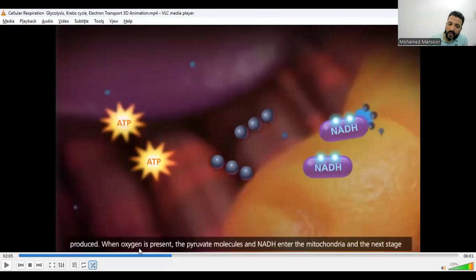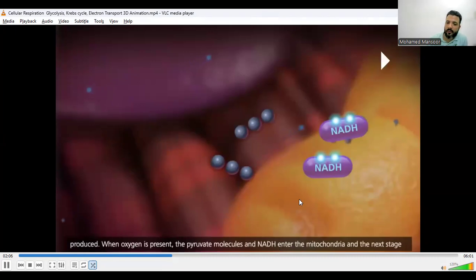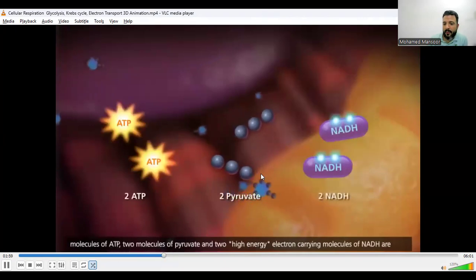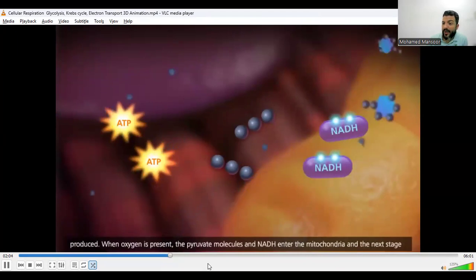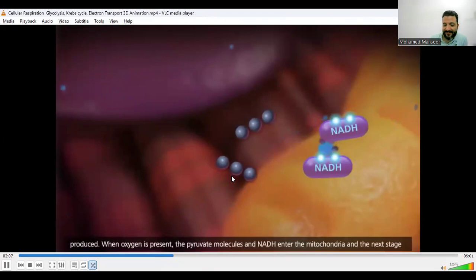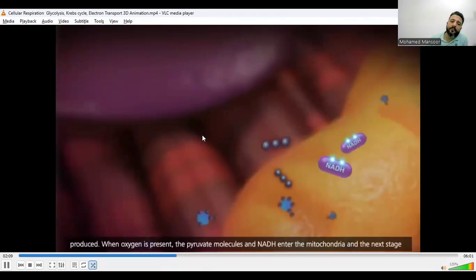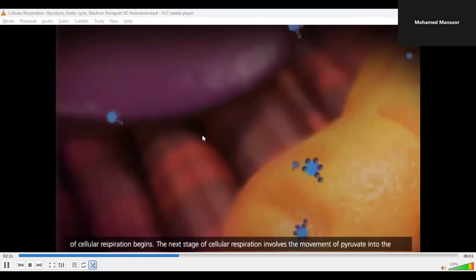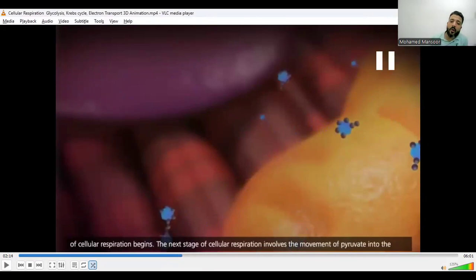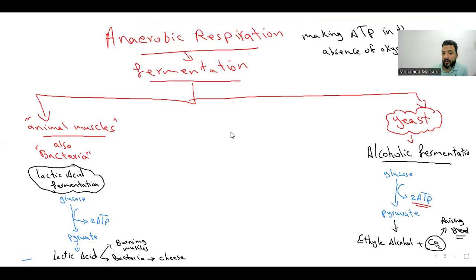Look, when oxygen is present, the pyruvate molecules and NADH, the two high-energy electron-carrying molecules produced, enter the mitochondria. And the next stage of cellular respiration begins. So when oxygen is not present, we are taking one of those two pathways according to the living thing we are speaking about. Clear?